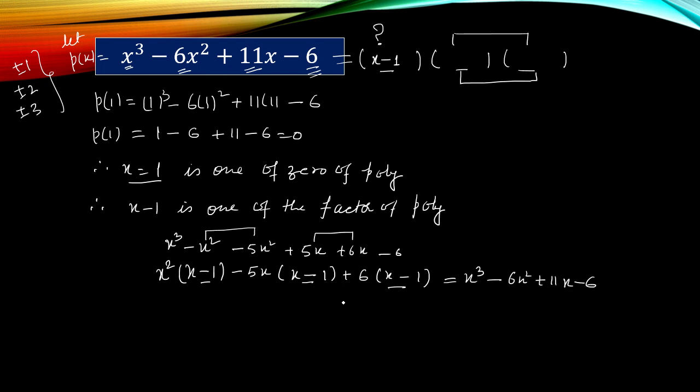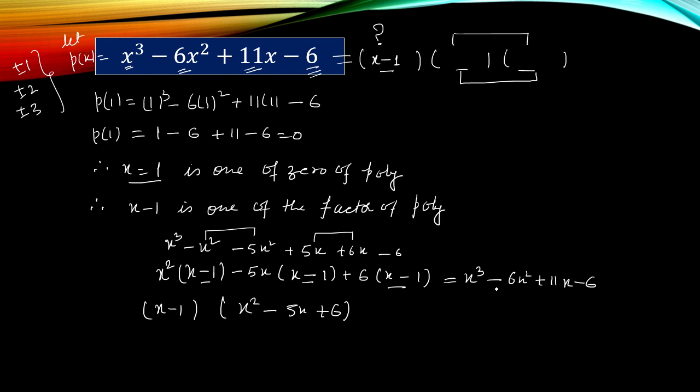We got the polynomial. Now we are taking x minus 1 common. So what is remained inside? We are finding x square minus 5x plus 6 remained inside, and we have discussed earlier we are interested to get the product of remaining two factors, that should be a quadratic polynomial, and now we got that.